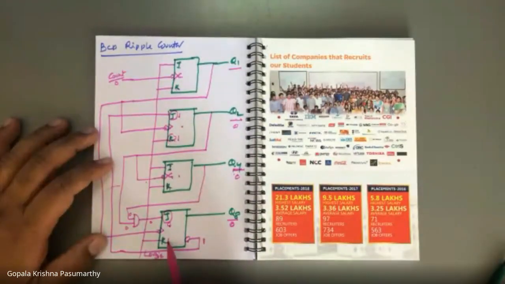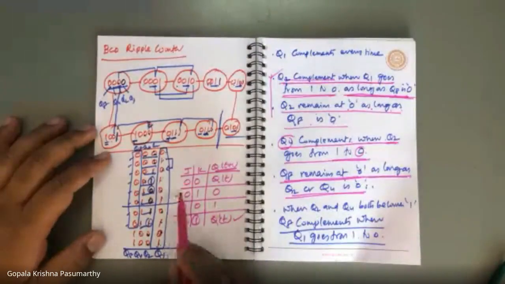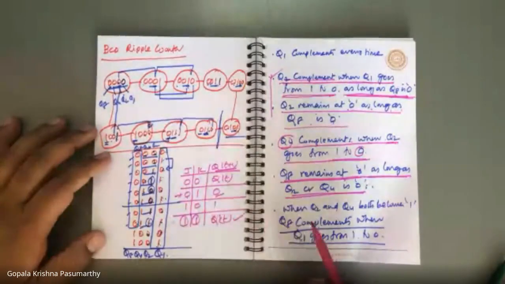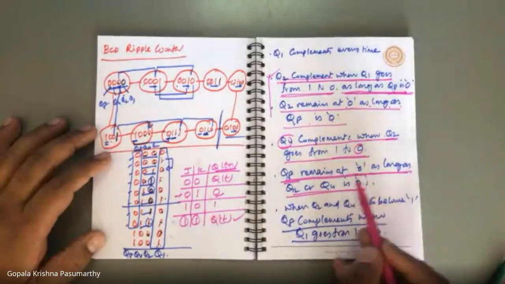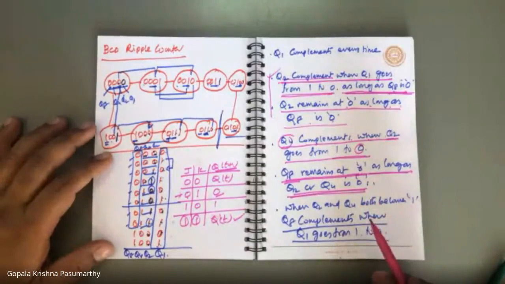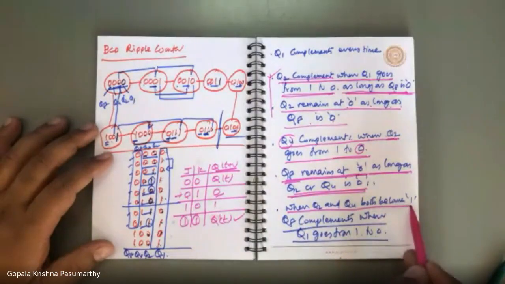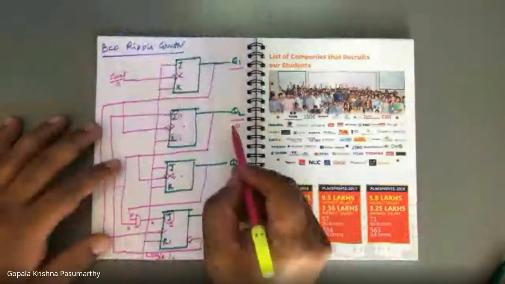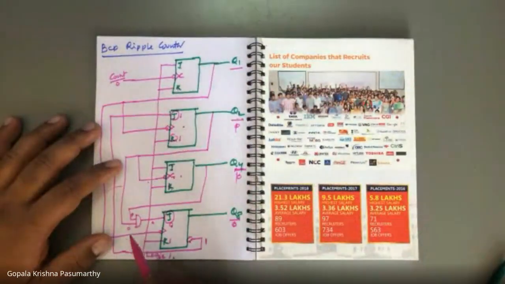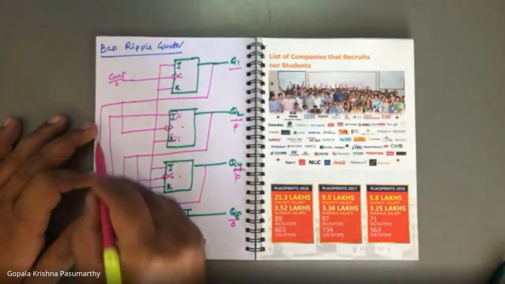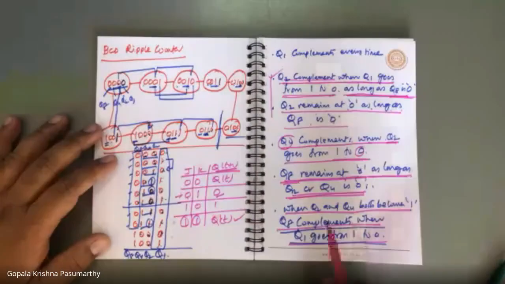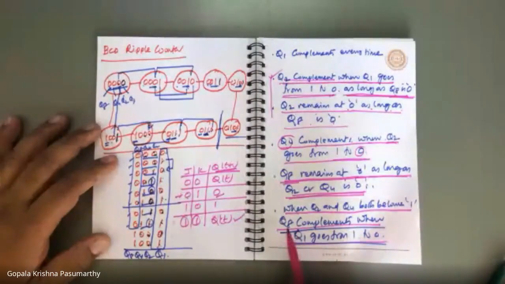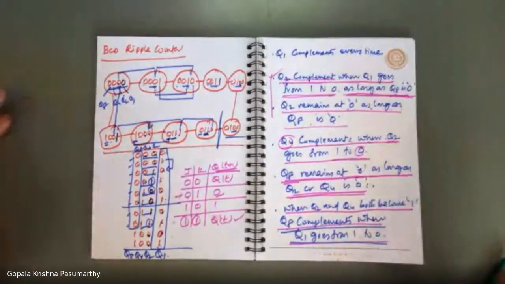If J is 0 and K is 1, we know for a JK flip-flop the next state is 0. When both Q2 and Q4 become 1, J becomes 1, and K is already 1, so it is ready to complement, waiting for Q1 to be 0. So Q8 complements when Q1 goes from 1 to 0.